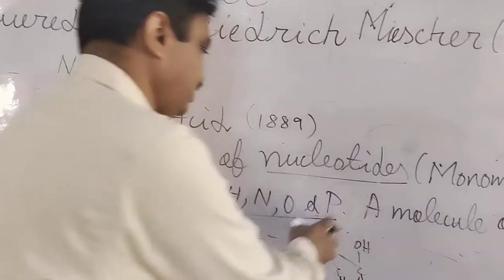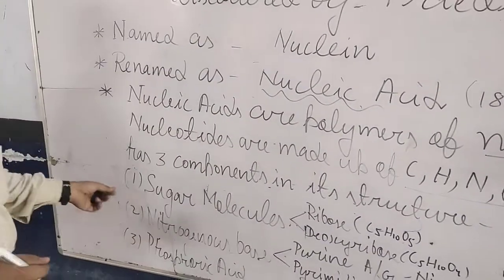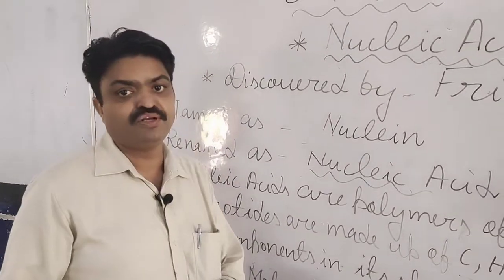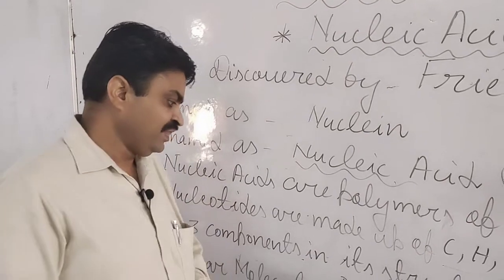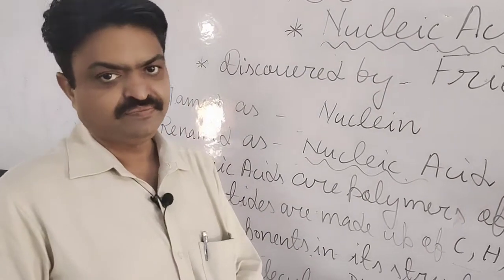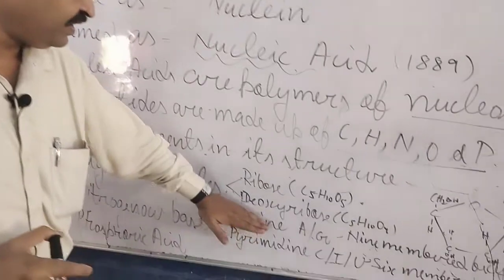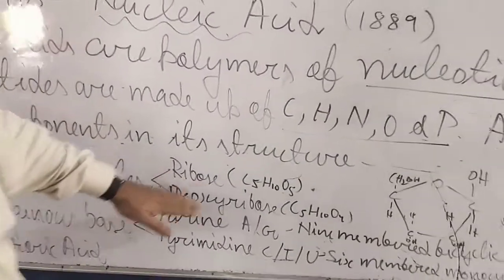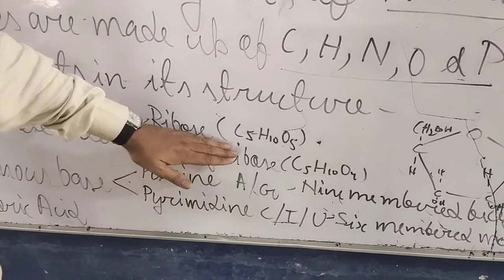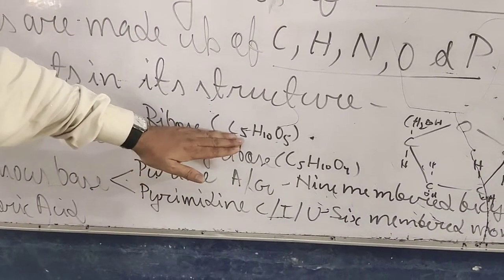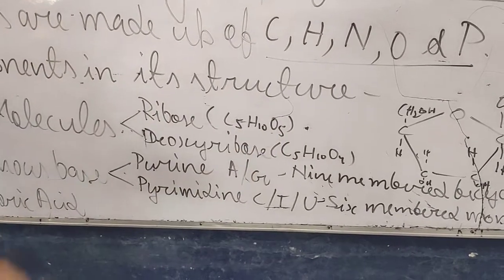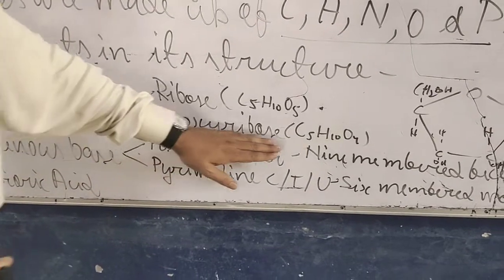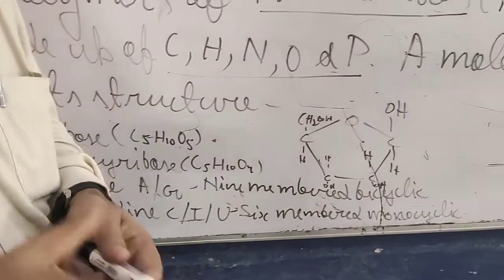The sugar molecules are of two types, ribose sugar and deoxyribose sugar. The molecular formula of ribose sugar is C5H10O5, and the formula of the deoxyribose sugar molecule is C5H10O4.